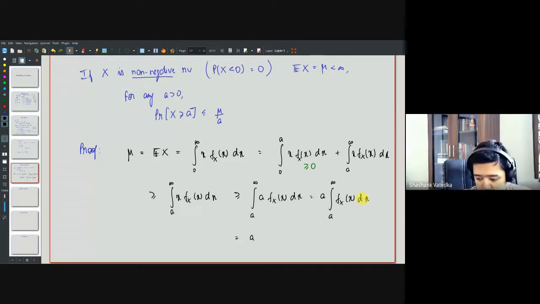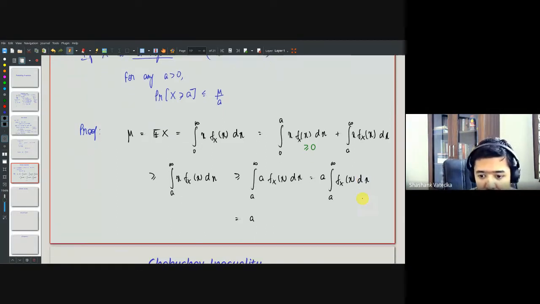It's the probability that x is greater than or equal to a. Exactly. So I have mu greater than or equal to a times the probability that x is greater than or equal to a.